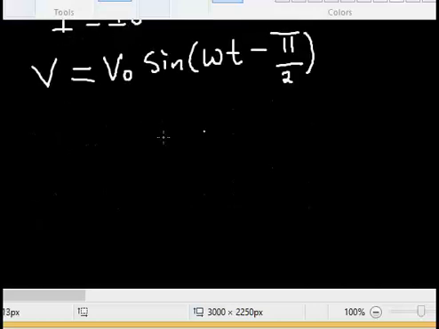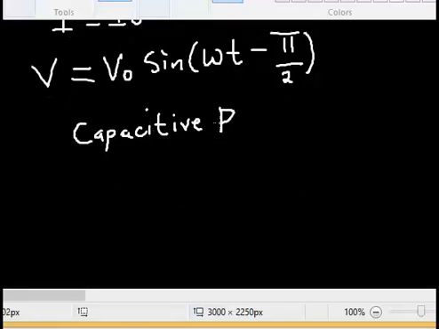Now the question is, what's the formula for the capacitive reactance? The symbol I'm going to use is XC.